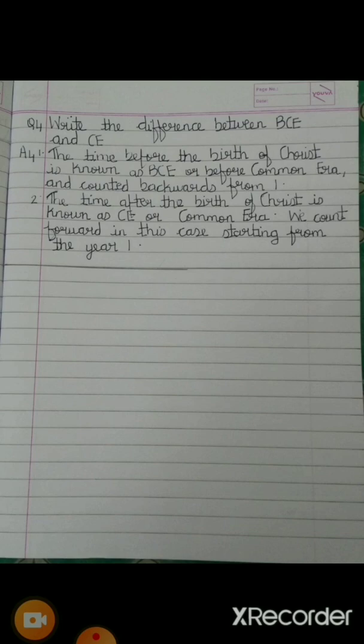The time before the birth of Christ is known as BCE or Before Common Era and is counted backwards from 1. And the time after the birth of Christ is known as CE or Common Era. We count forward in this case starting from the year 1.